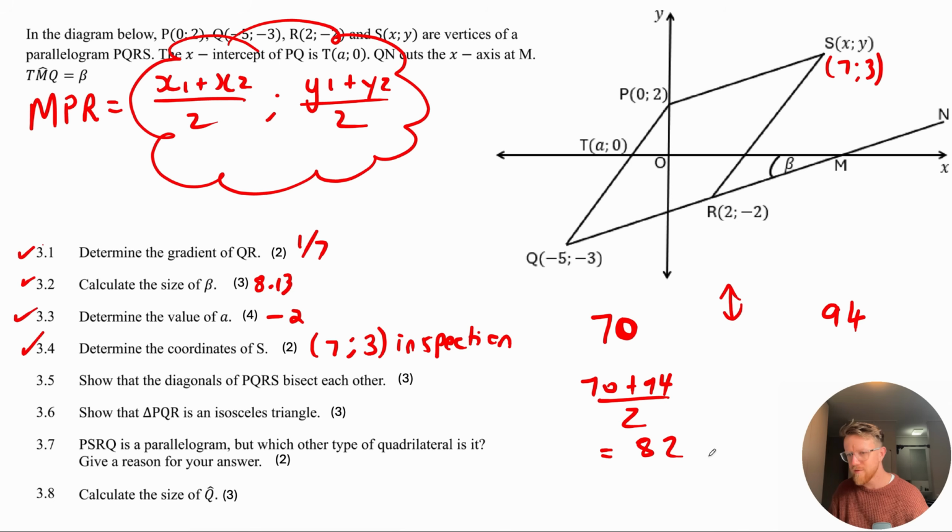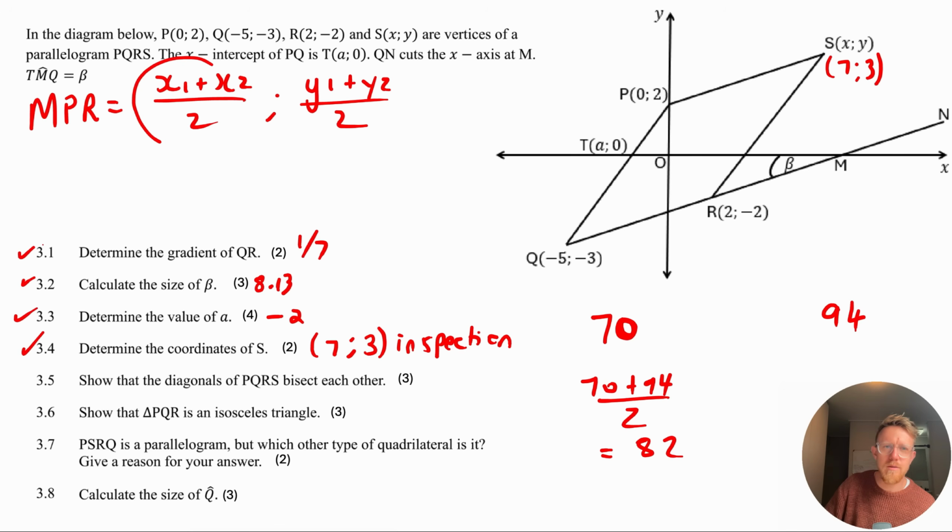Okay, for those of you that wanted to double check that. Yes, you can minus them, and then you can halve it, and yes, there are other ways to do it, but it takes longer. So just add them together and divide by 2. And so that is exactly what we are doing with the midpoint. We're finding the middle of the x values, and then we're finding the middle of the y values.